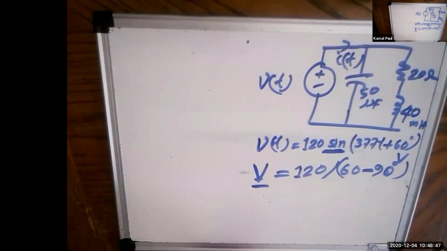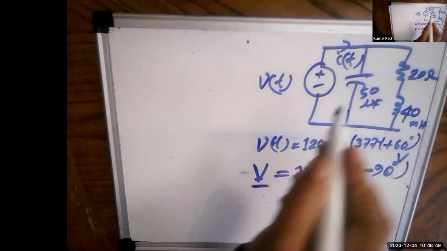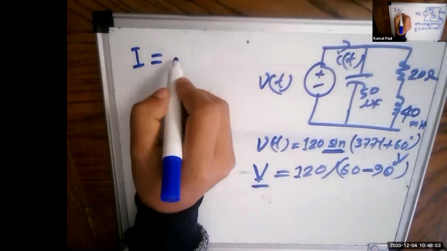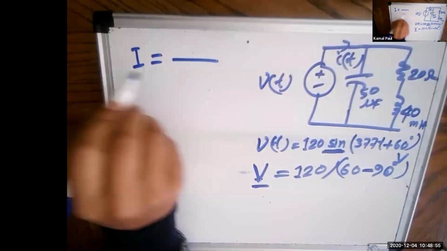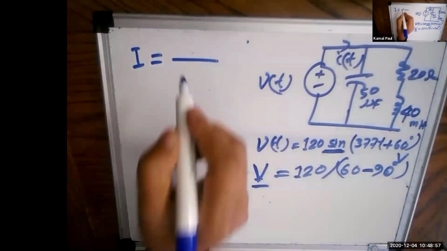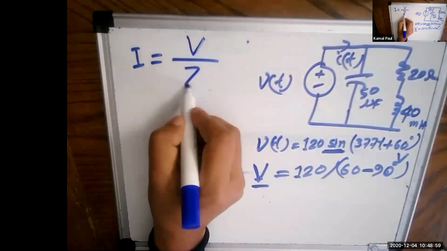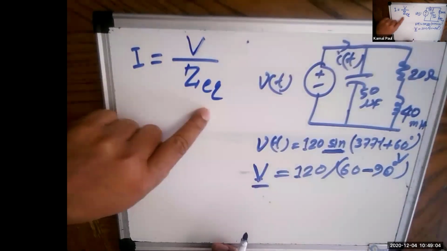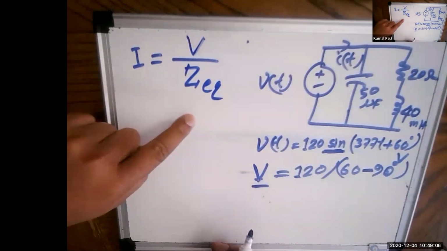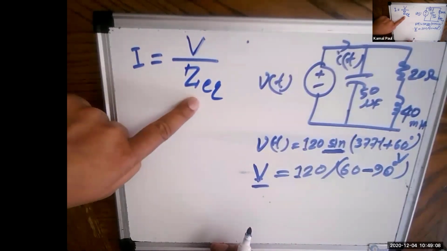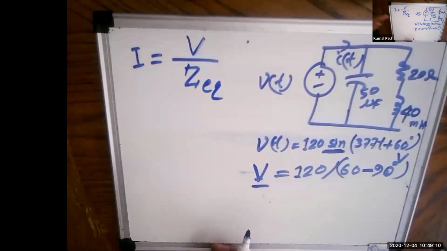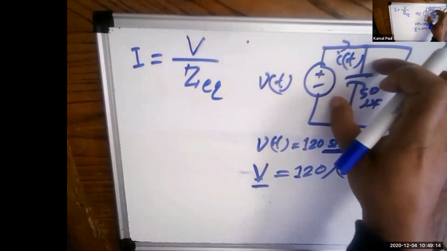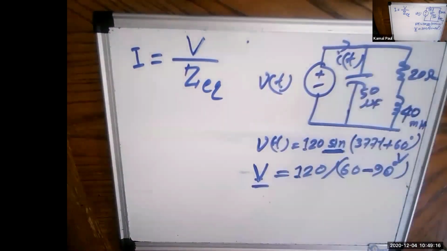Anyway, now how will you find this IT? We know V first, and then we have to find the equivalent Z. This is the conventional formula, the same formula. Now, how will you find this Z equivalent? We have to get the Z in this branch and the Z in this branch.